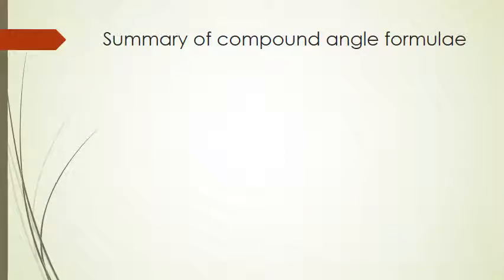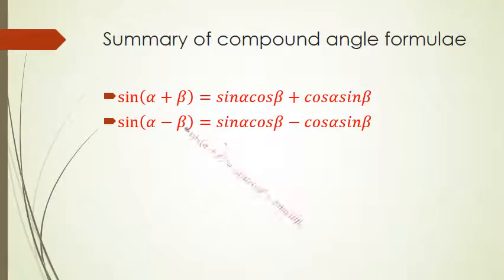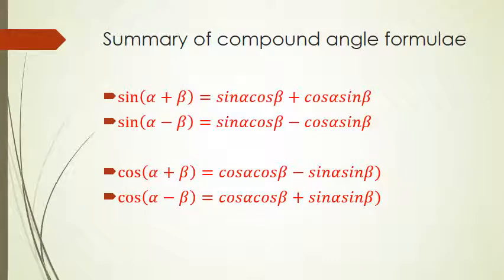Let's summarize all the 4 compound angle formulas we have proved and derived. There we are. We have 2 pairs. One pair is for sine alpha plus beta and sine alpha minus beta, the ones for sine.